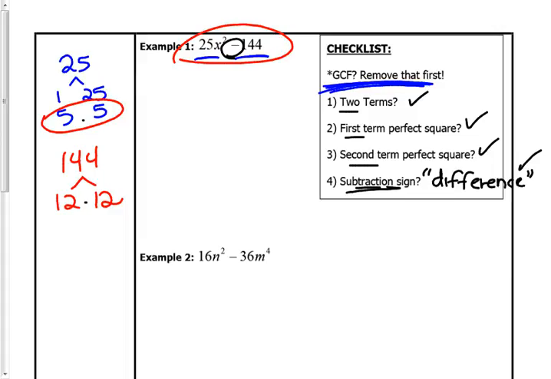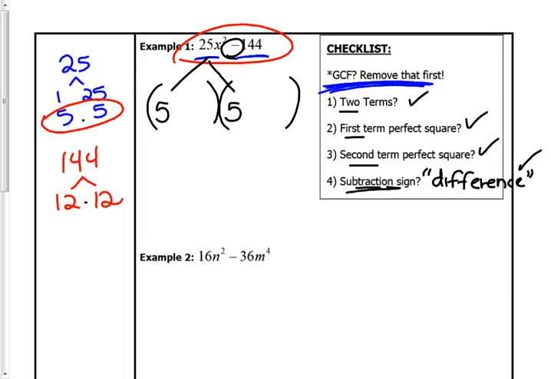And how we do that is, for the first term here, 25x squared, we write two sets of parentheses, and the 25x squared gets split in the front, right? So 25 is 5 times 5. That was our perfect square there.